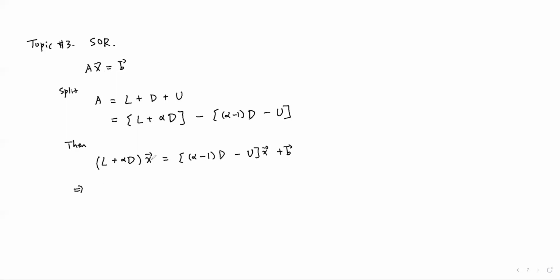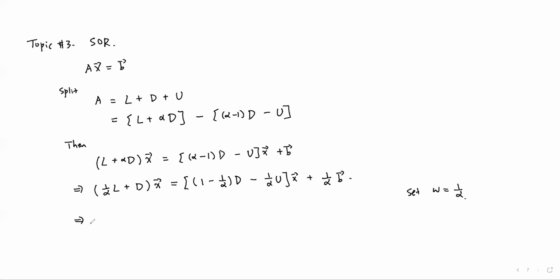From here, I divide this equation by alpha. Then we get (1 over alpha L plus D) X equals (1 minus 1 over alpha) times D minus 1 over alpha U, times X, plus 1 over alpha B. Then set omega to be 1 over alpha.